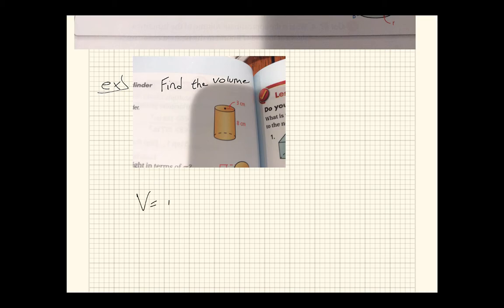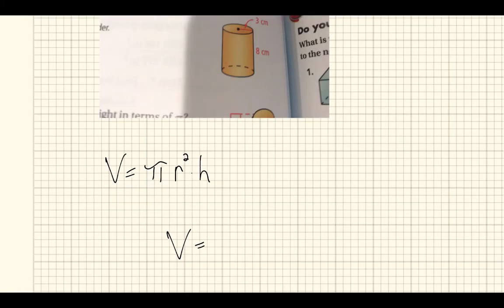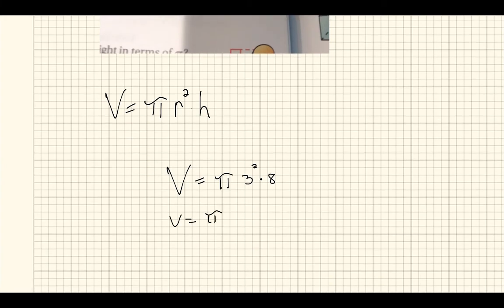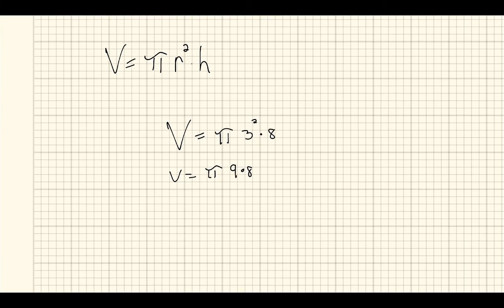Volume again is equal to pi r squared times H. So let's plug this in. The radius is 3, given to us right here. It's 3 squared times the height, which is 8. The volume is pi times 3 squared times 8. Make sure to always square first. Think order of operations. So that is 9 times 8, which is 72.